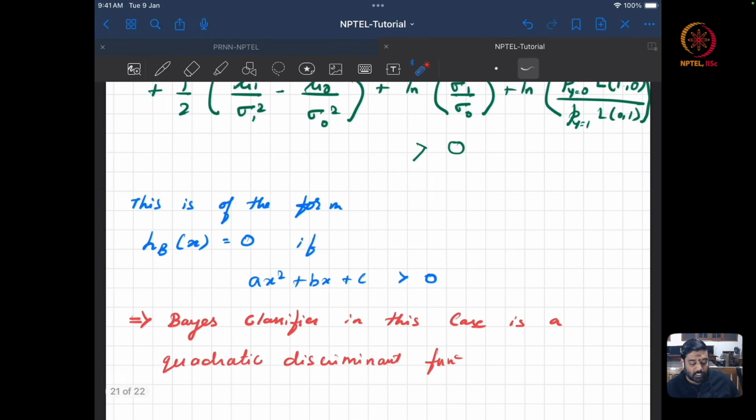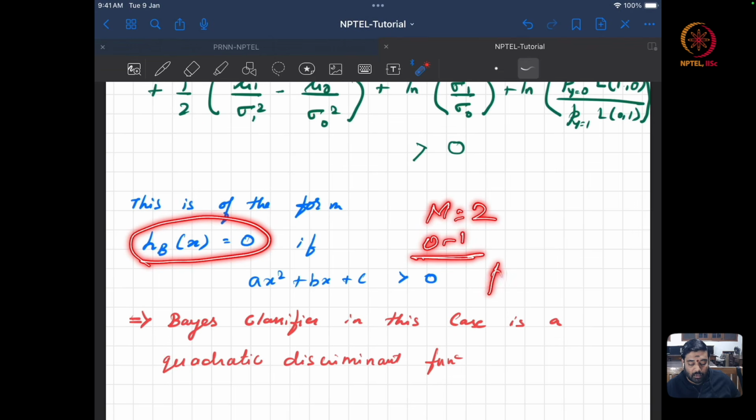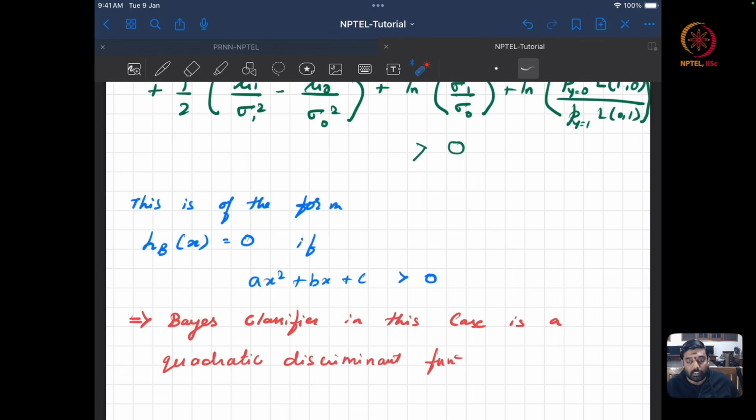Now what is that case? I'm considering the Bayes classifier, my m is equal to 2, I'm considering 0 1 loss, and I'm assuming that my class conditional is Gaussian with mu 0 and sigma 0, similarly mu i, sigma i. Those are the conditions that I have applied on this, because of which my Bayes classifier has turned out to be a quadratic discriminant function.